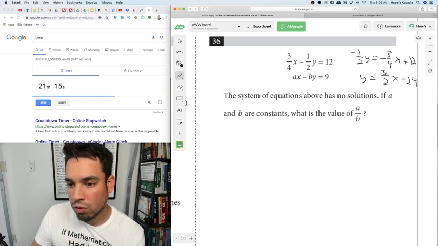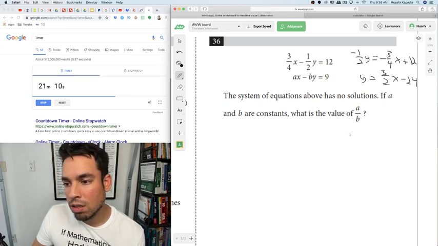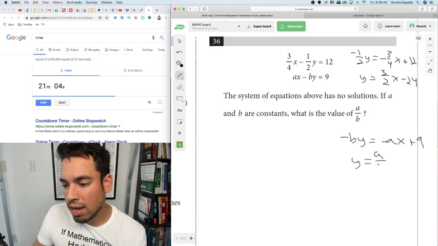So it's a slope of 3/2, and then this one is going to be negative by equals negative ax plus 9, divided by negative b. It's just a over b x because the negatives cancel out, minus 9/b.